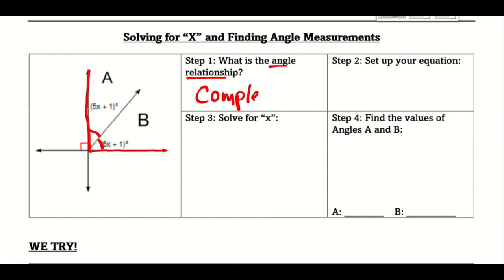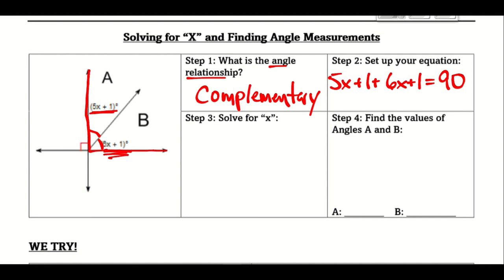They form that corner or add up to 90 degrees. So that's what we're going to set up here. We're going to set up an equation showing that these two things add up to 90 degrees. This angle plus this angle equals 90 degrees. 5x plus 1 plus 6x plus 1 equals 90.